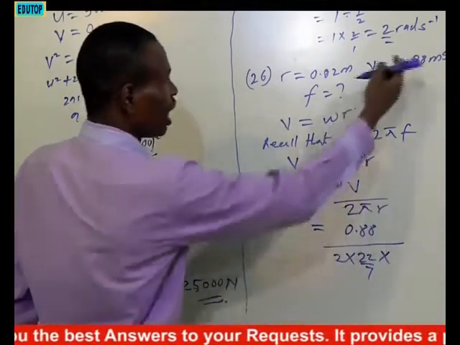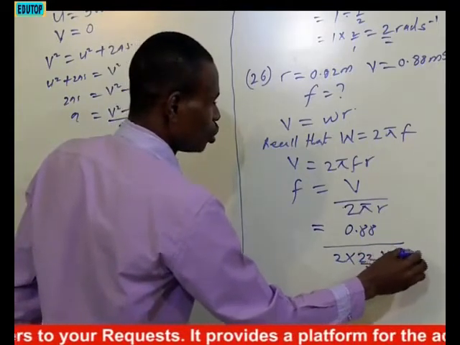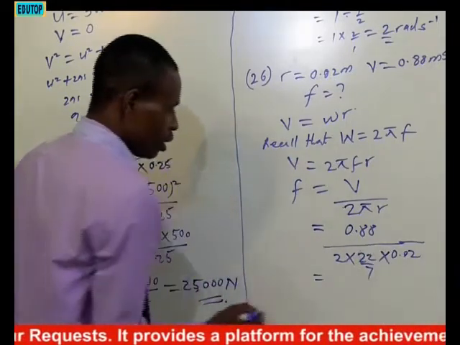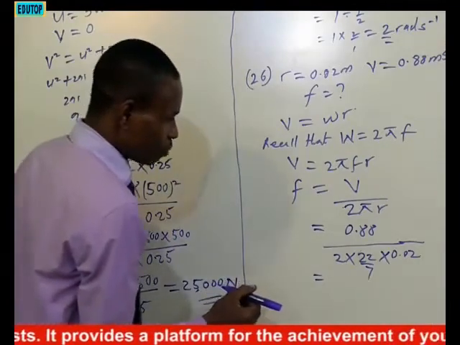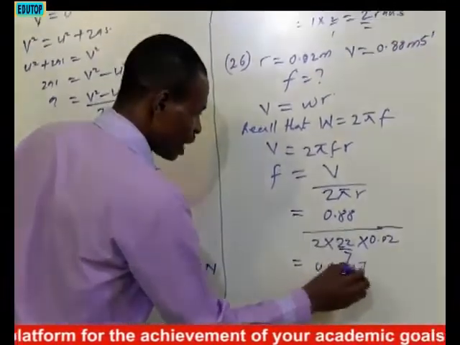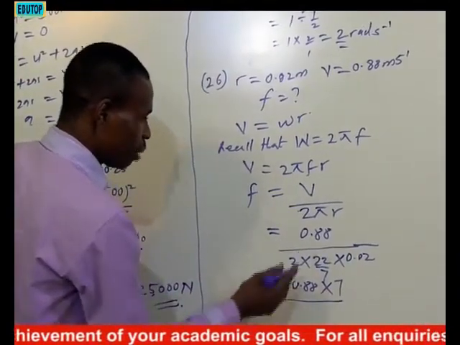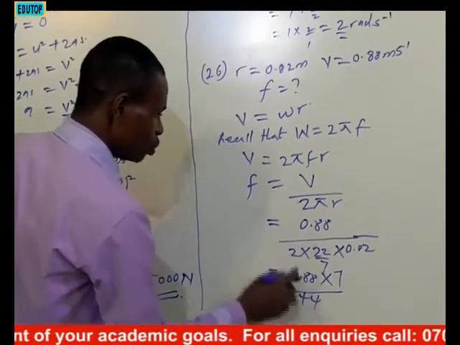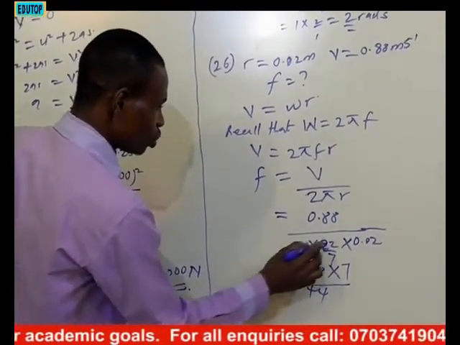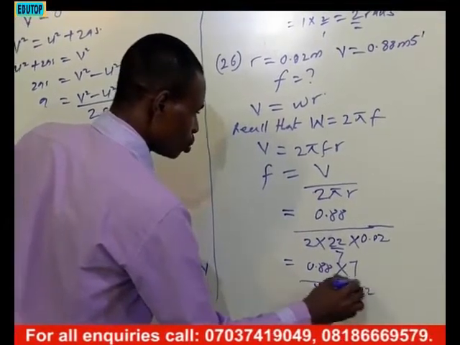Then the radius has been given 0.02. Let's look at this. 0.88 times 7. This 7 has to move up. Then divided by, this is 44. 2 times 22 is 44, times 0.02.